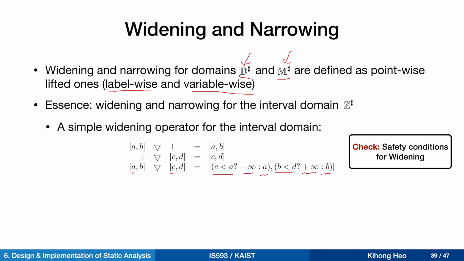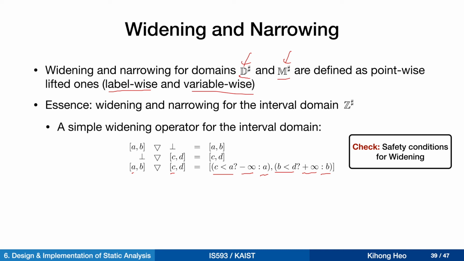Because if the upper bound is increasing, we directly use infinity, and if the lower bound is decreasing, we directly use minus infinity here, which is definitely larger than the join of two operands. And next, the chain by this widening is always finite, as you can see, right? Once the upper bound and lower bound become plus or minus infinity, which can be done within finite time, there's no change afterward, right? So these safety conditions hold.